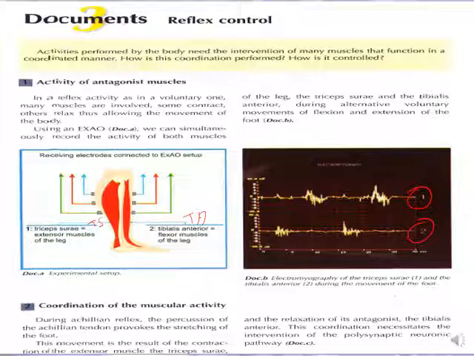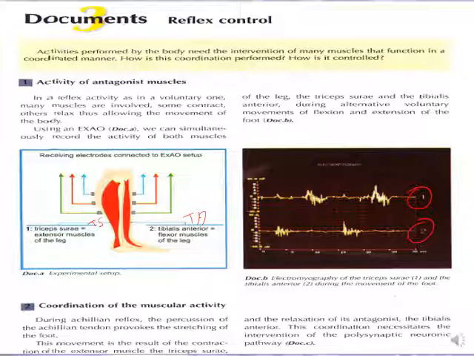This means that the electric activity of each muscle is opposite to the other. Whenever we have relaxation here, we have contraction there, and the opposite is true. So we can say that these two muscles are antagonistic.